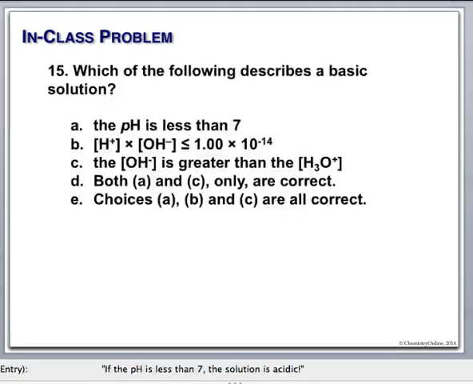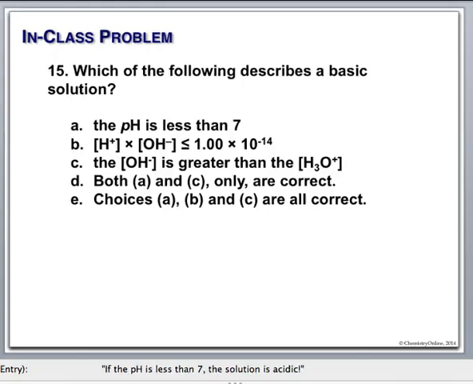All right, which describes a basic solution? If the pH is less than 7, is it acidic or basic? Acid. It's acidic, right. Hydronium times hydroxide is less than 10 to the minus 14? Never. I mean, that's just stupid. Hydroxide is greater than hydronium.